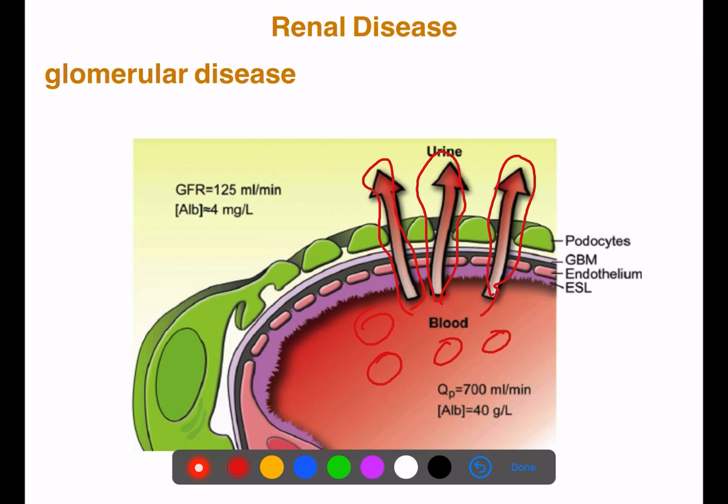The glomeruli fail to filter the blood, and the protein leaks from the glomeruli and escapes to the urine, so proteinuria develops.